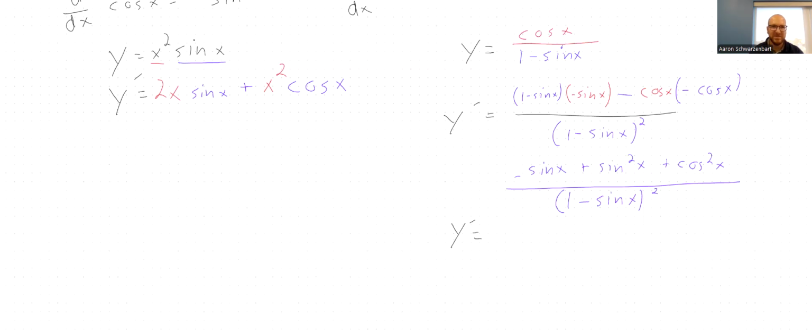Other way backwards, that's what I was scared of. It's on the trig identity page. It's 1. So negative sine x plus 1 is the same as 1 minus sine x, isn't it? Yes.